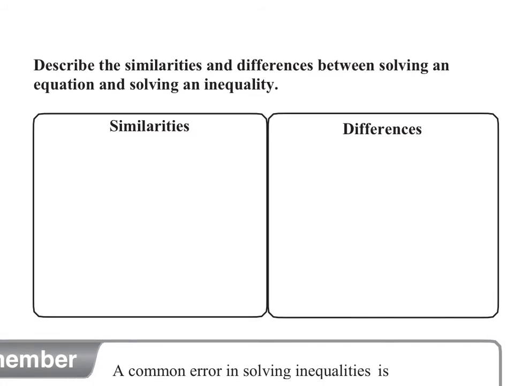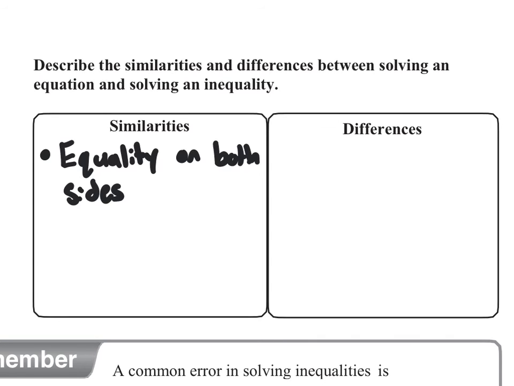So here we're going to look at the similarities and differences between solving an equation and solving an inequality. The similarity: equality on both sides. What you do on one side, you must also do on the other. That concept of solving an equation is the exact same. Isolating the variable to where the ultimate goal is you get the variable by itself is also similar.